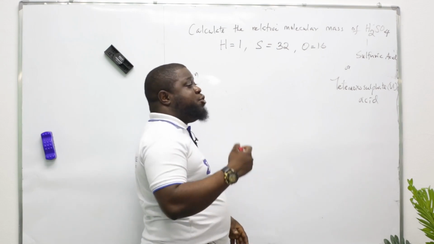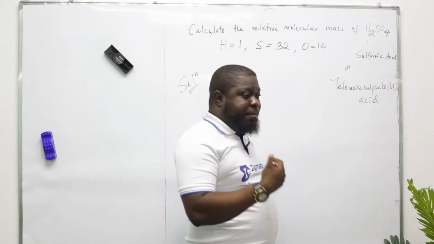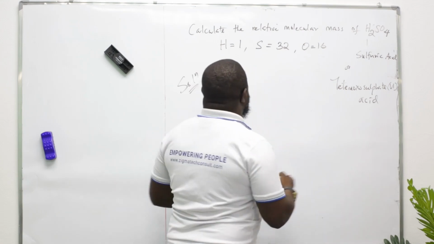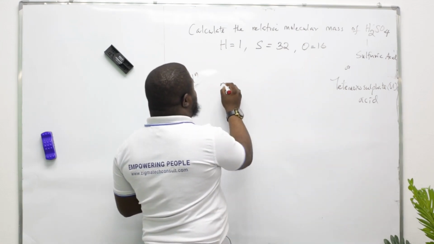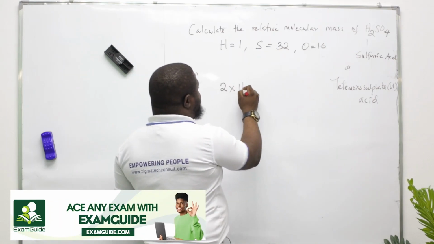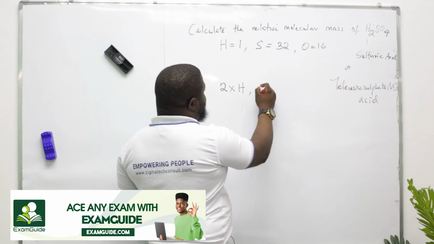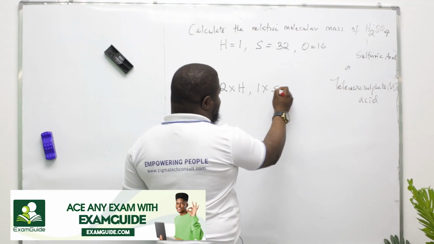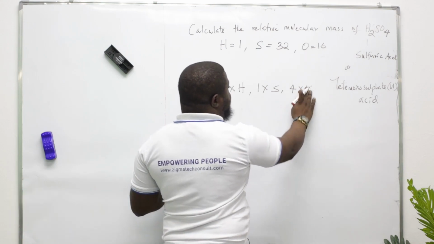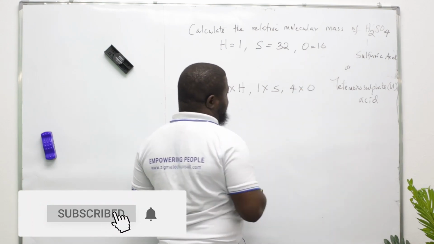You times the number of atoms by the mass number, add all, and it will give you the molecular mass. Now, hydrogen there has 2, and the mass number of hydrogen is 1. So it will be 2 times H, 1 times S, and 4 times O, which is oxygen.